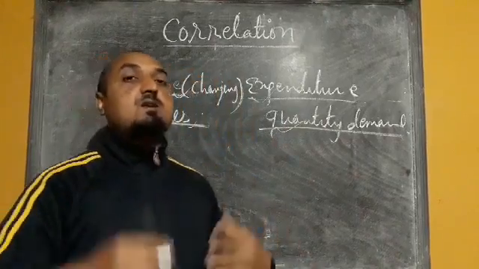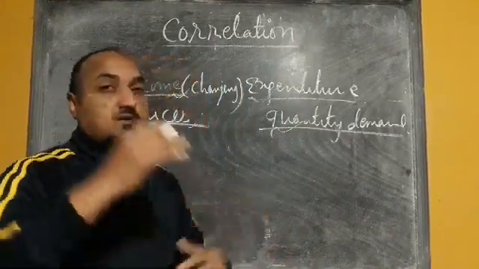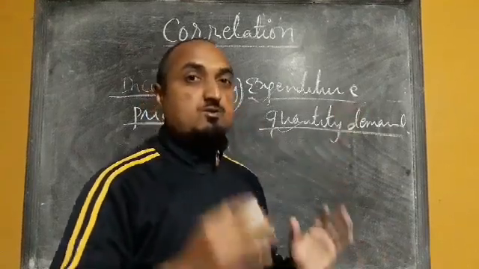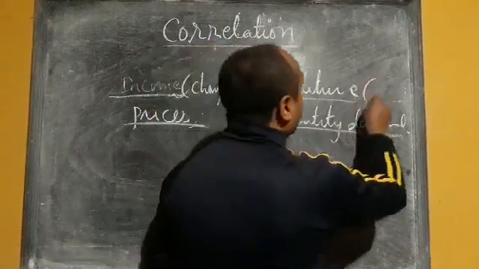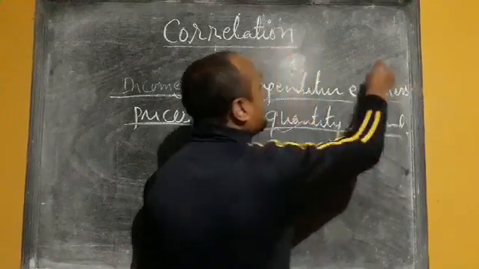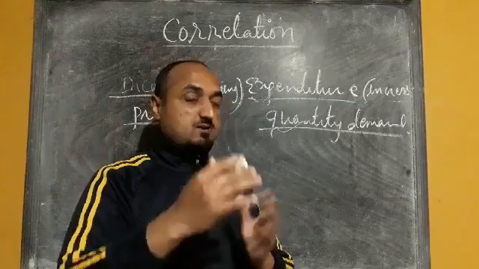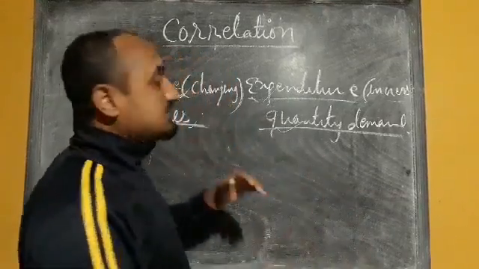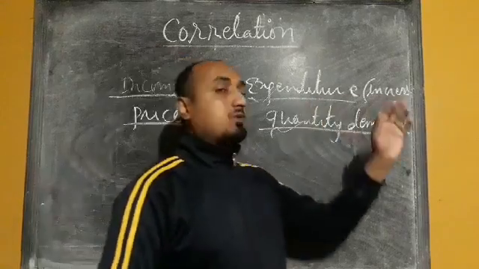Then a change in income has the power to change the value of expenditure. If income is increasing, your expenditure may increase. Similarly, if your income is decreasing, your expenditure will also decrease.